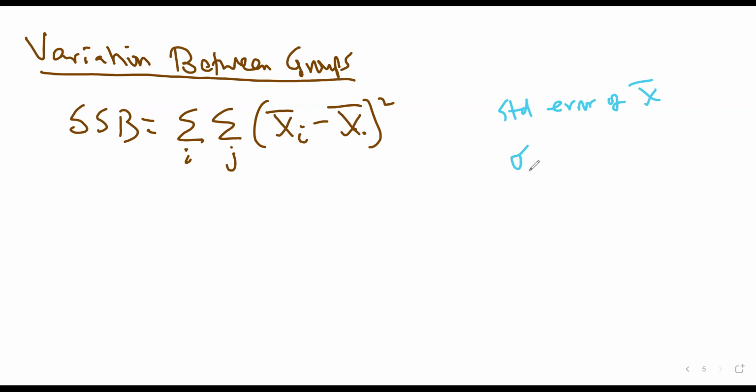You can denote it like this: sigma of x bar, which is the same as sigma squared divided by n, then you take the square root, which is sigma over root n. So if I want the variance, sigma squared x bar is equal to that.